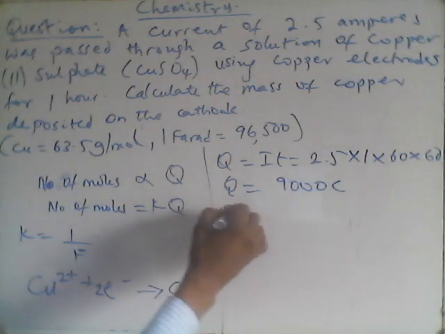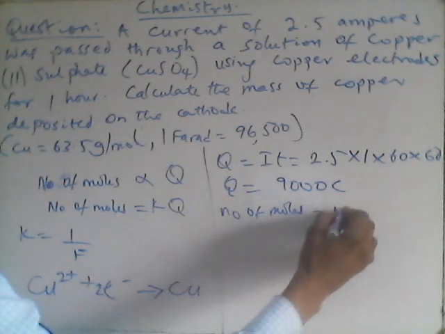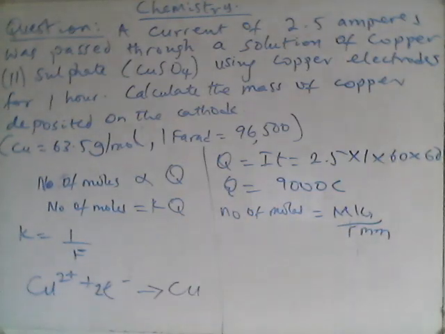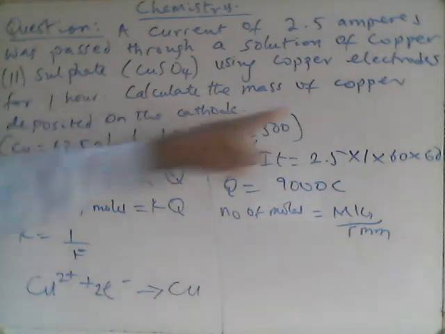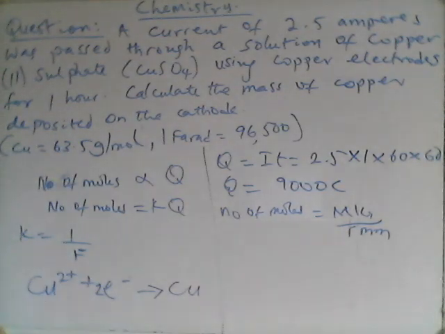And number of moles is mass in gram over relative molar mass. The mass in gram is what we're looking for, calculating the mass of copper. The relative molar mass is given.